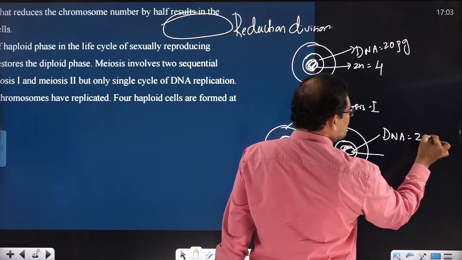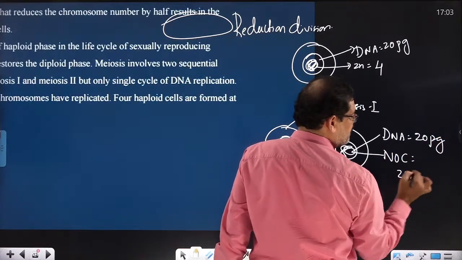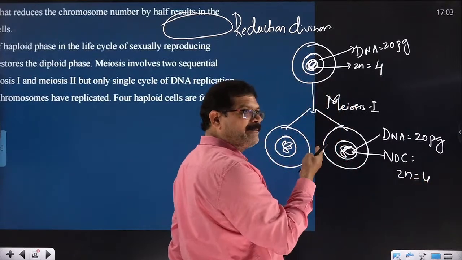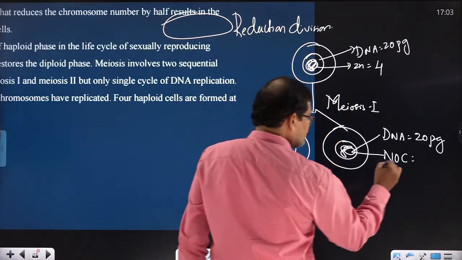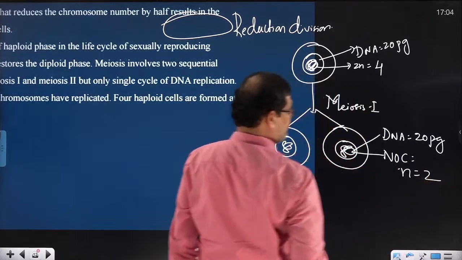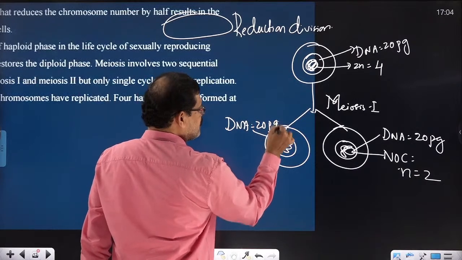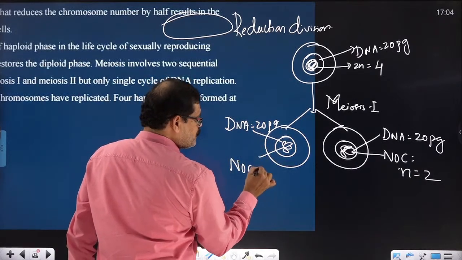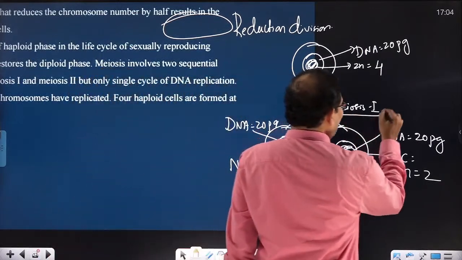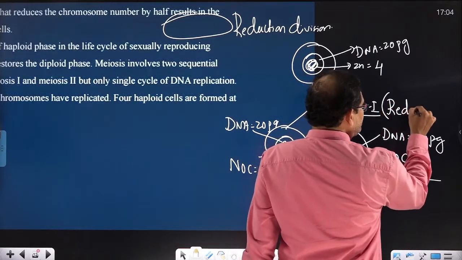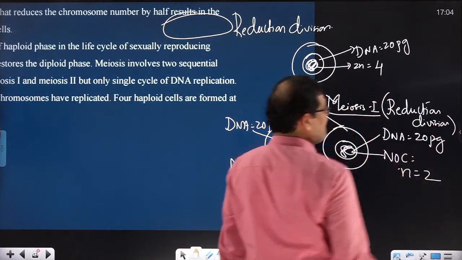DNA is equal to 20 picograms, and the number of chromosomes, 2n equal to 4, should be there. It divides in another way, where n equal to 2 will be present. Here also DNA is 20 picograms, and here the number of chromosomes n equal to 2 will be present. That's why meiosis 1 is called reduction division.